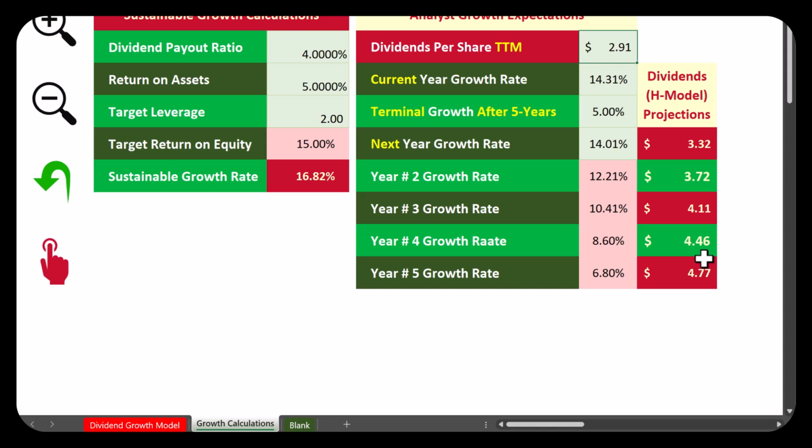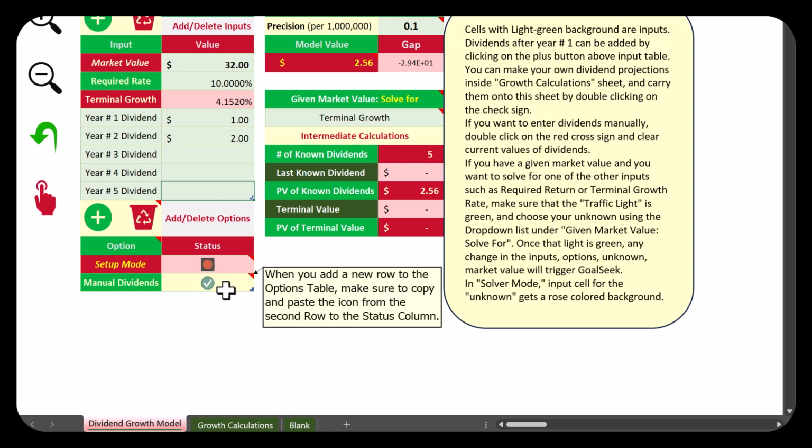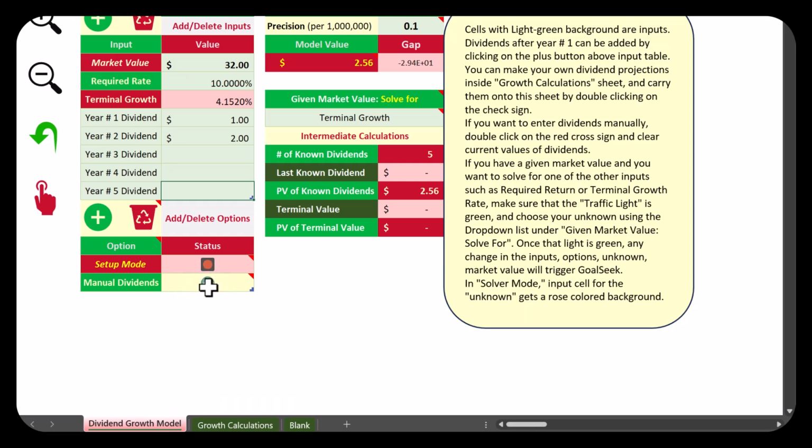Now, I have these here. I calculated these using a formula, but if you want to, you could actually enter your own numbers. I'm going to go back here, and currently this little cell with the checkbox, if it is green, that means you have green light to enter the dividends manually.